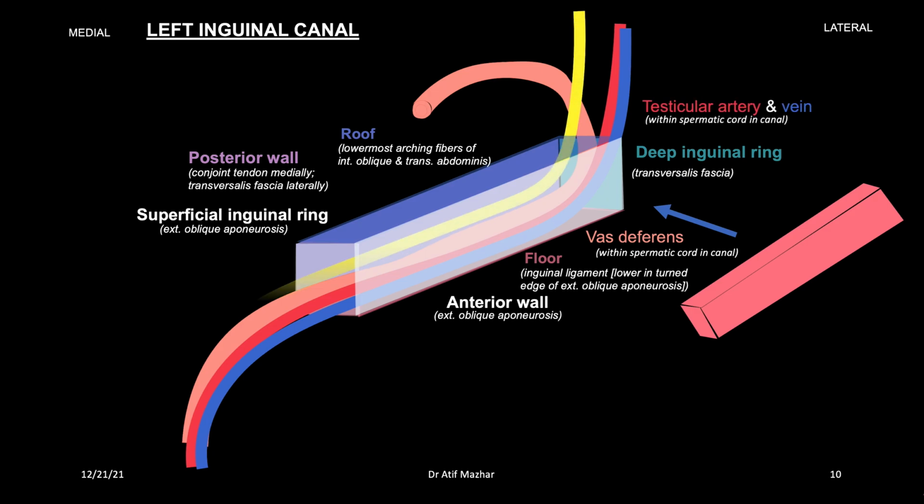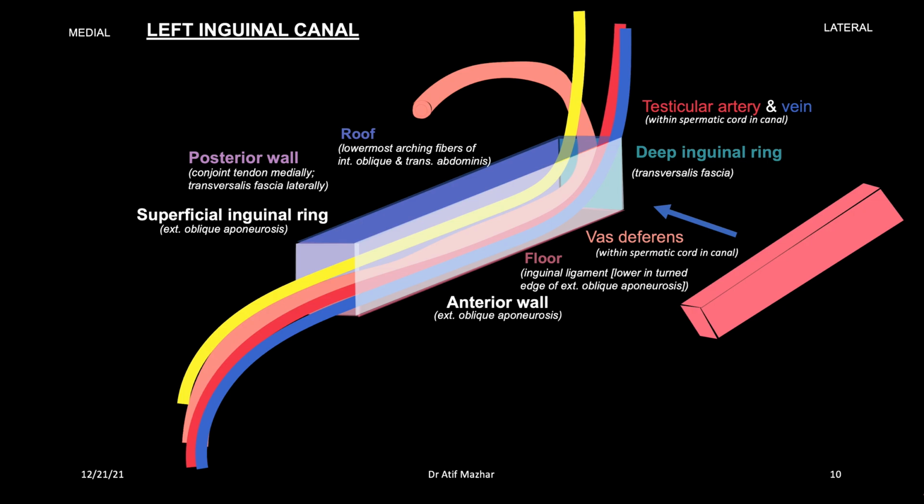We need a nerve to pass through it, and this is the nerve. What is this nerve? This nerve is coming from my lumbar plexus. From the lumbar plexus we have a branch which is named the genitofemoral nerve, and this genitofemoral nerve splits into two branches. One of them passes through the deep ring, then the canal, and then exits out at the superficial ring.